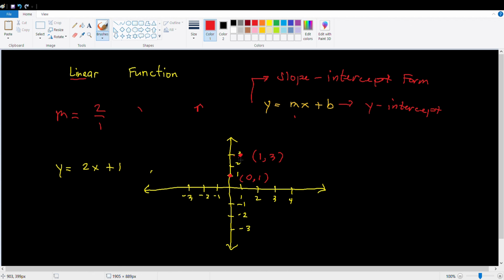All we have to do is connect these points and make a straight line. So the equation of this line is y is equal to 2x plus 1. Let's verify it using GeoGebra.